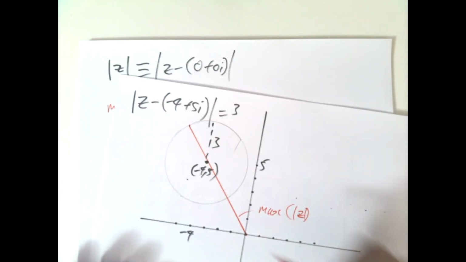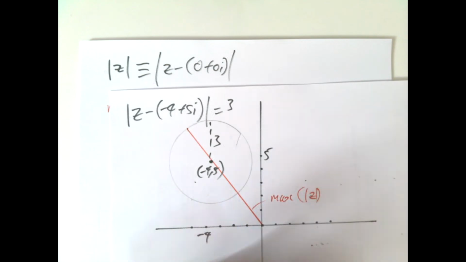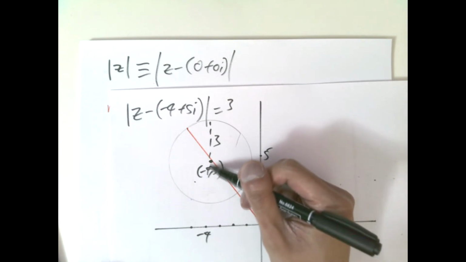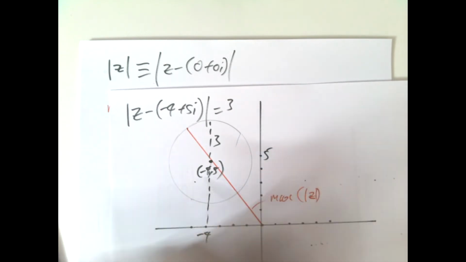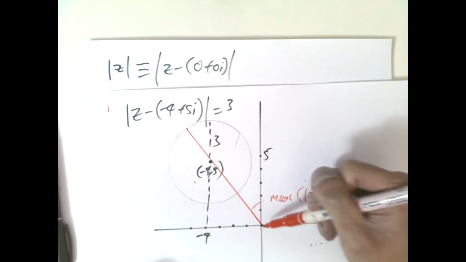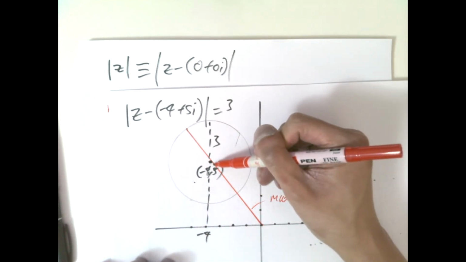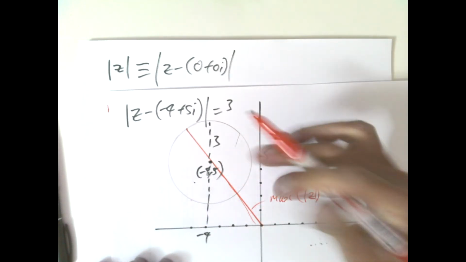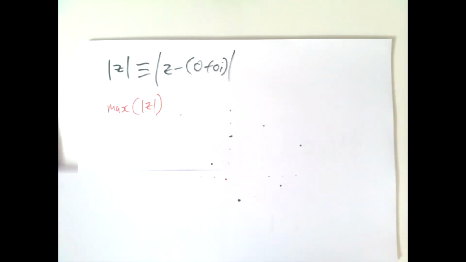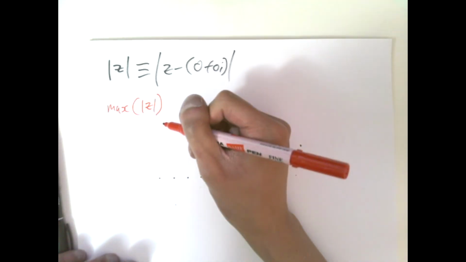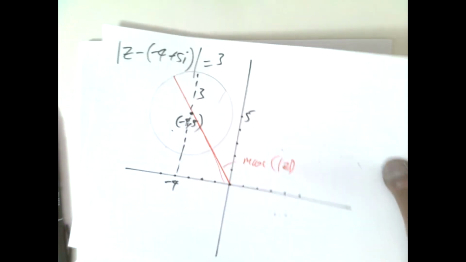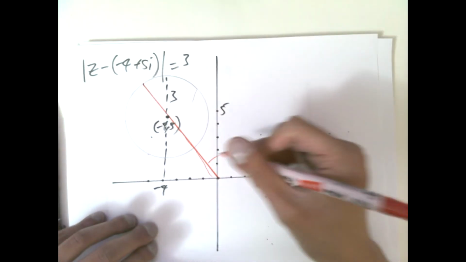Firstly, if we only consider this triangle here, where the hypotenuse is only from the origin to the center of the circle. How do we get the hypotenuse? Simply from Pythagoras' theorem, we see that this hypotenuse is going to be root 41.